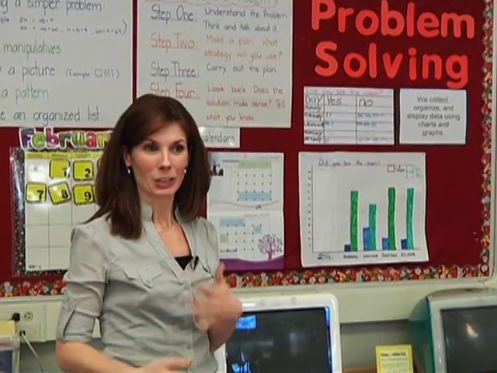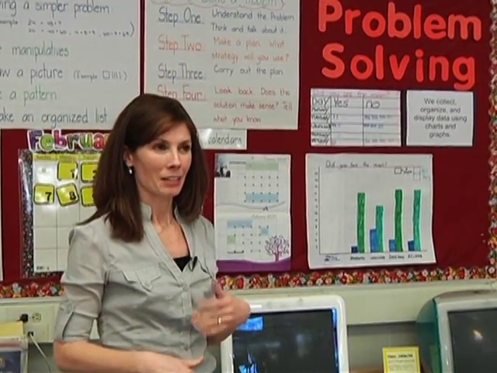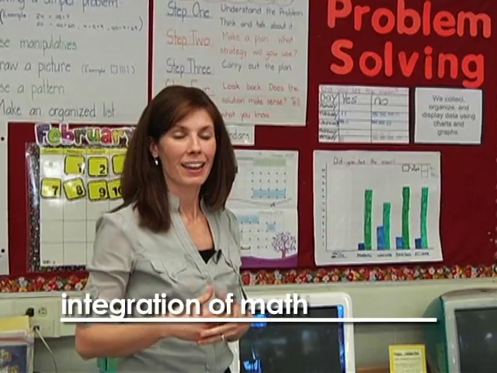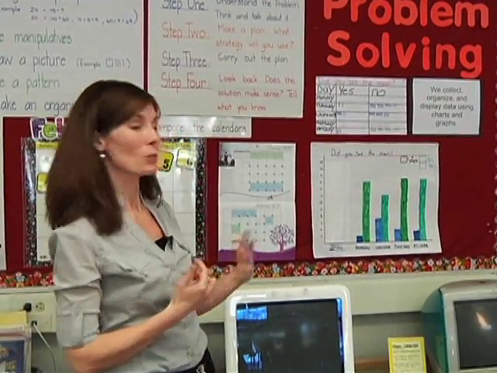The students would come to school every day and they would ask each other, did you see the moon? And some would and some wouldn't. So it got me thinking about, how can I infuse math into this? Because they're asking questions. And so we started to think, let's graph our answers. Let's graph and see who saw it and who didn't.